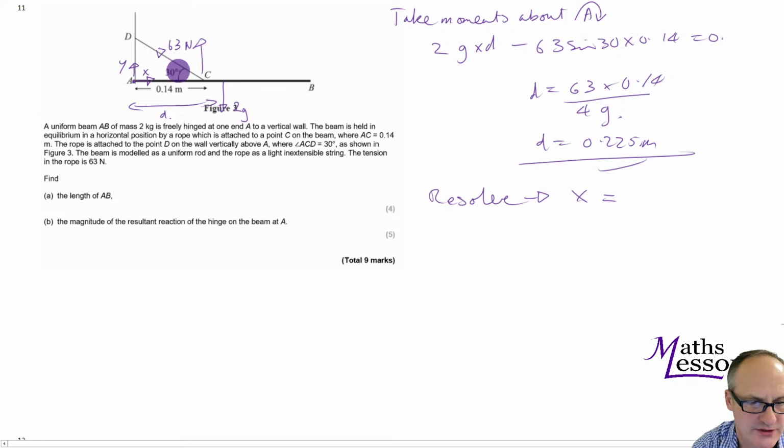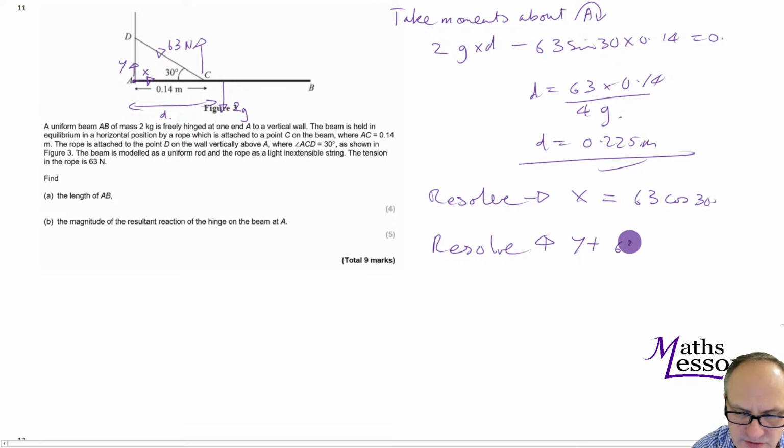So it's just going to be 63 cos 30. And then if we resolve vertically, we're going to have Y plus the 63 sine 30 component equal to the 2G acting downwards.